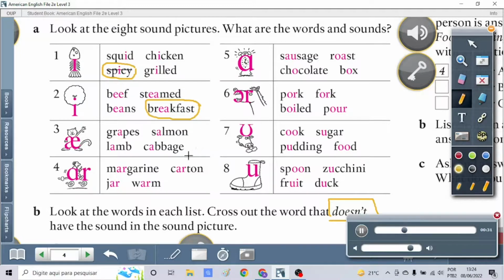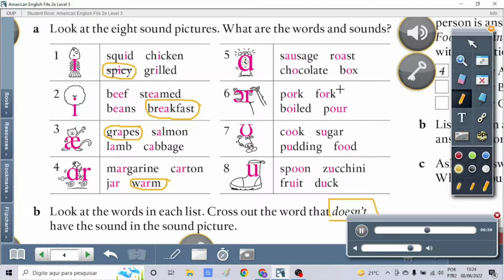Cat. Grapes. Salmon. Lamb. Cabbage. Car. R. Margarine. Carton. Jar. Warm.